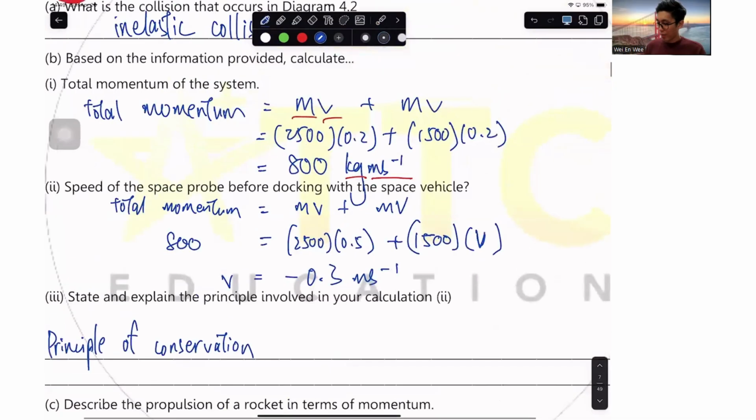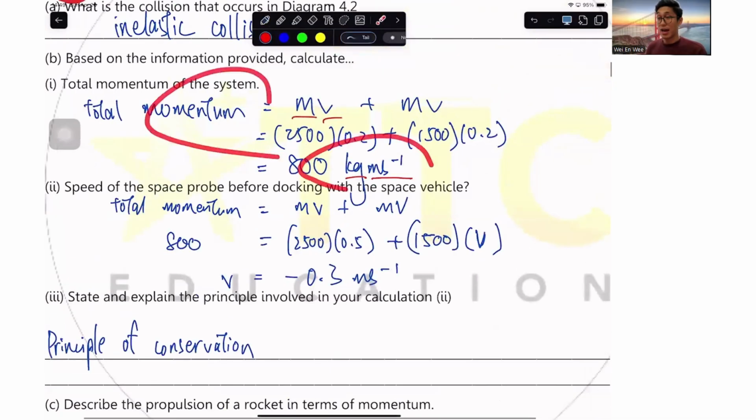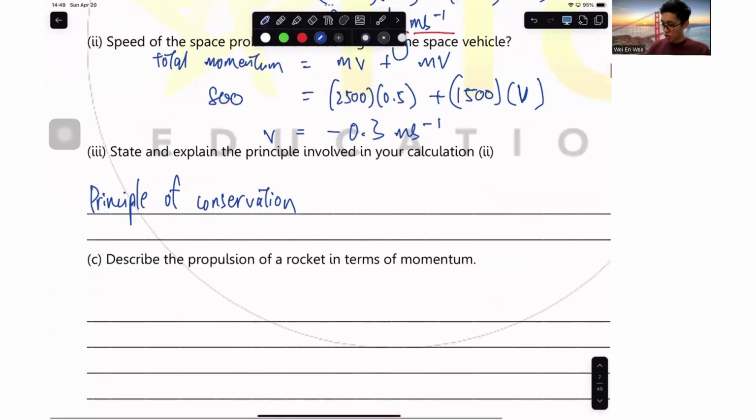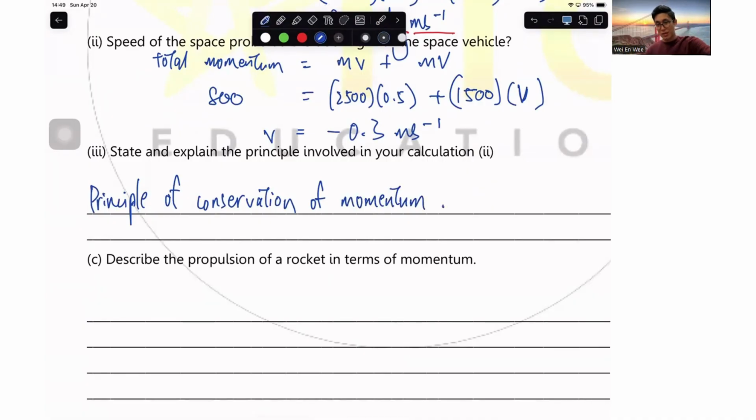Conserve what? What are we talking about? What is the same? The momentum same, no? So principle of conservation of momentum. Okay? Conservation of energy is another principle, but it's also a real principle. It's also real. But it's just not for this topic. This one we're talking about momentum only.